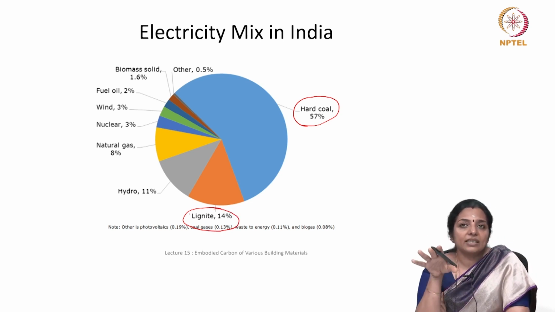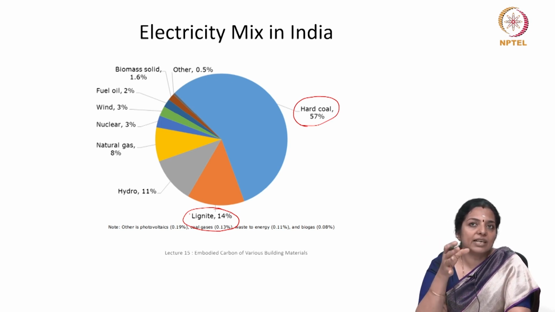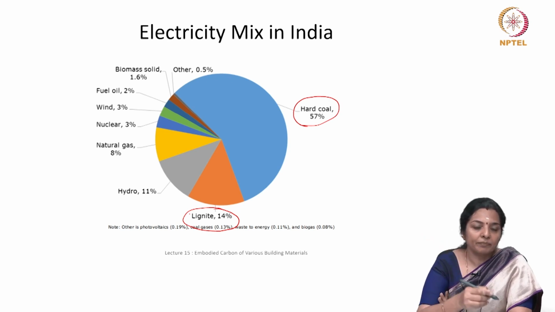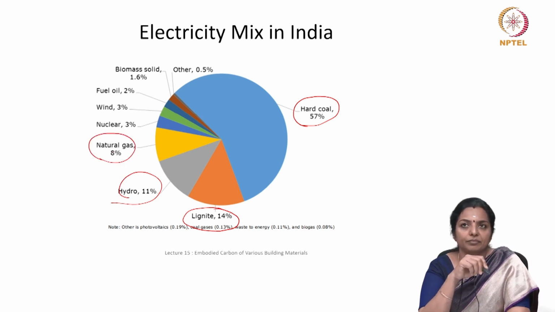So the electricity mix is mainly hard coal, with substantial fractions generated from lignite, then hydro and natural gas resource. And smaller contributions come from nuclear, wind, fuel oil and biomass.